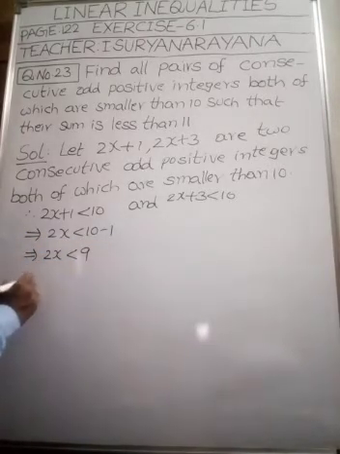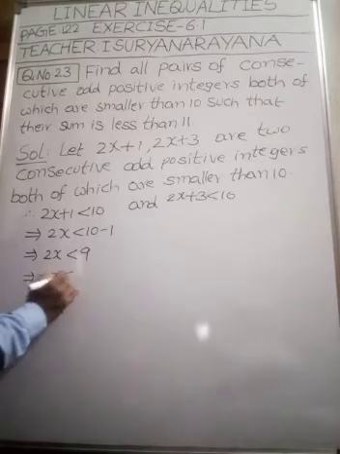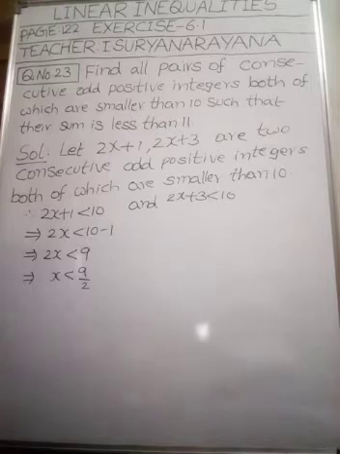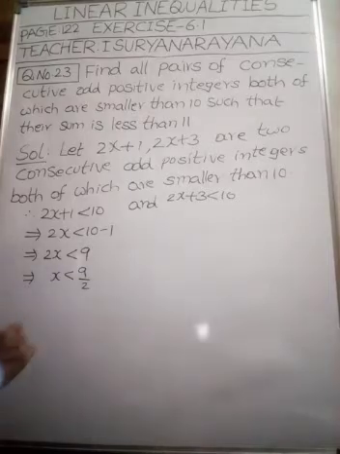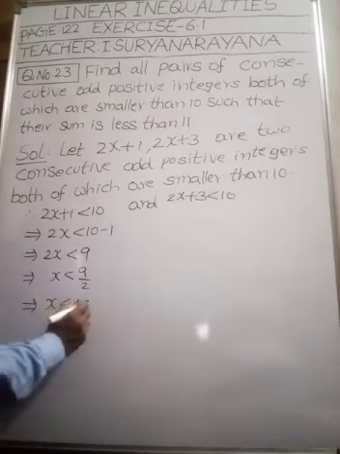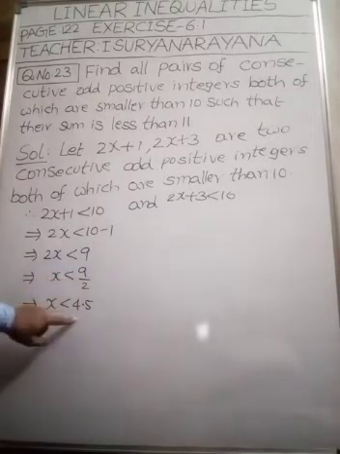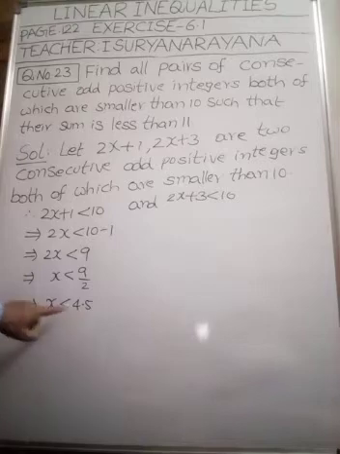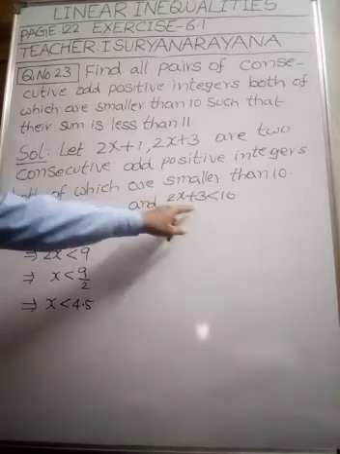This implies x is less than 9 by 2. We are transposing 2 to the RHS, then it becomes divided by 2. Converting the fraction into decimal form, x is less than 4.5. Okay, my children? Right.